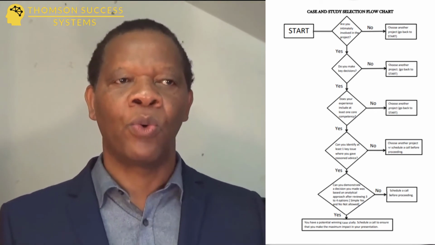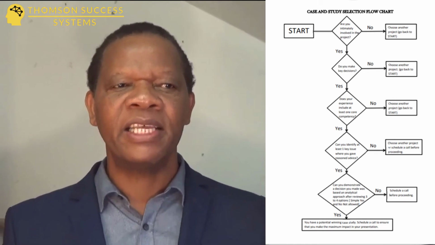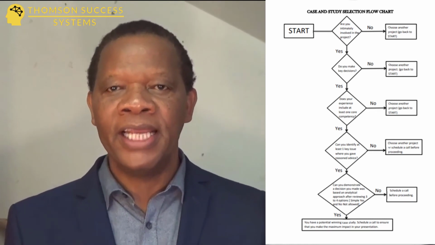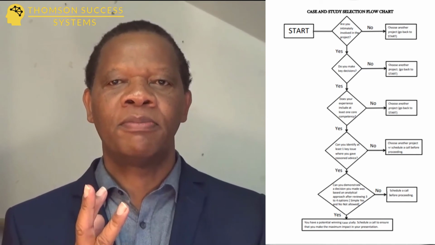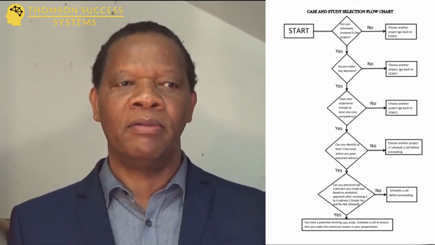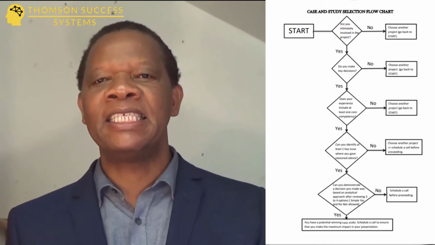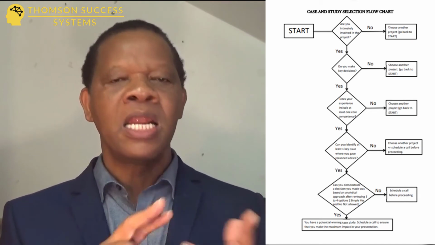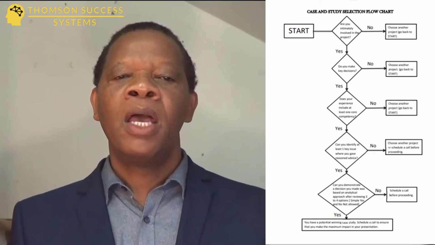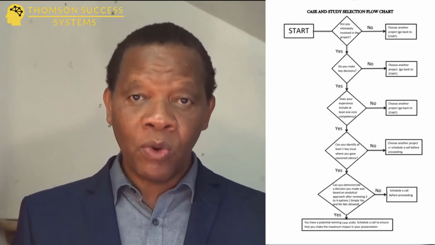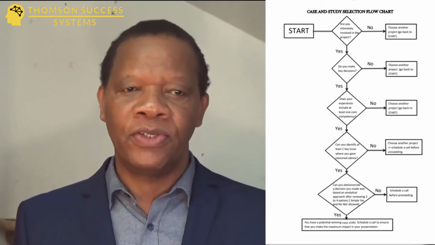So what you're looking for is a project where you're intimately involved. That's condition number one. Condition number two, you're involved in making key decisions. Condition number three, it has to include at least one core competency.